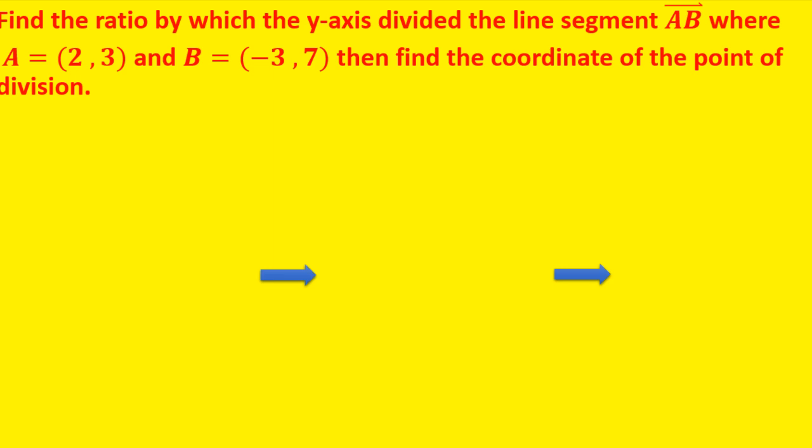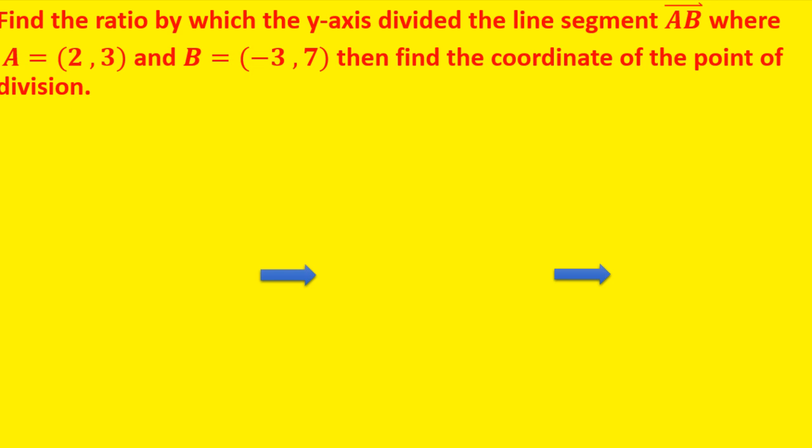Example: find the ratio by which the y-axis divides line segment AB, where A is 2, 3 and B is negative 3, 7. Then find the coordinate of the point of division.